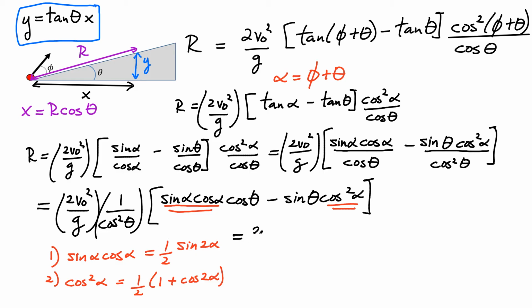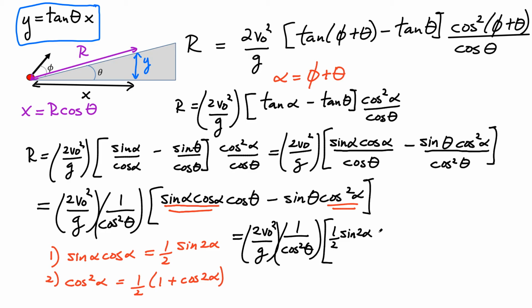So we're going to get 2v0 squared divided by little g. Let's just write those down. 1 over cos squared of theta. Okay, now comes where you have to be a little bit careful. So sine of alpha multiplied by cos alpha, I replace it by this, 1/2 sine of 2 alpha.